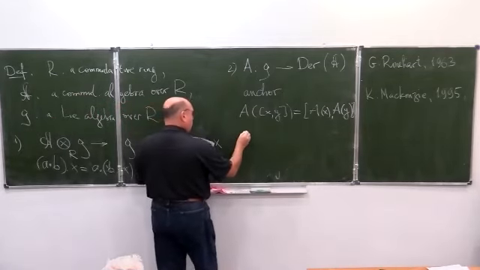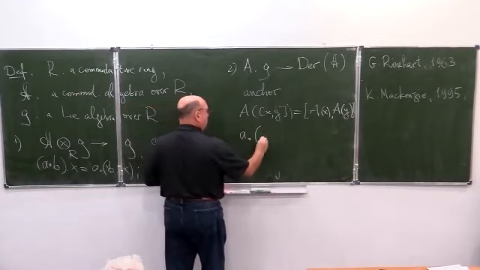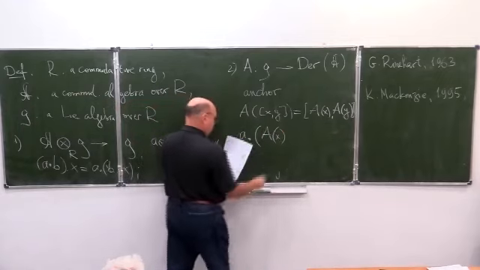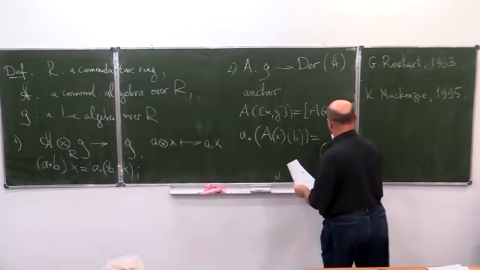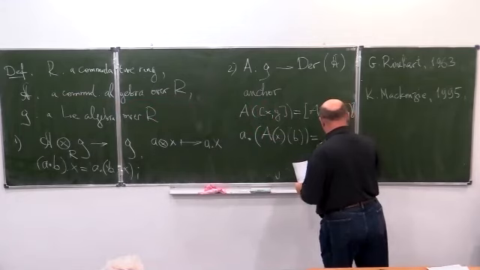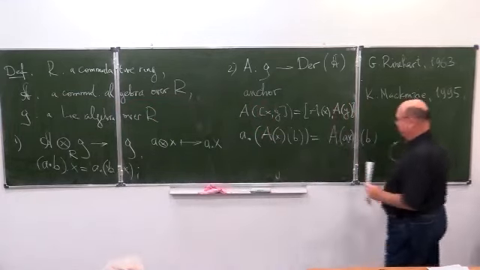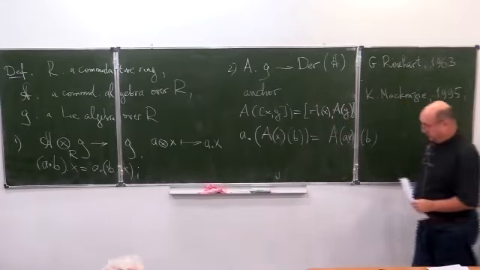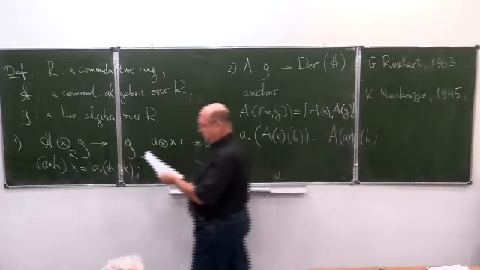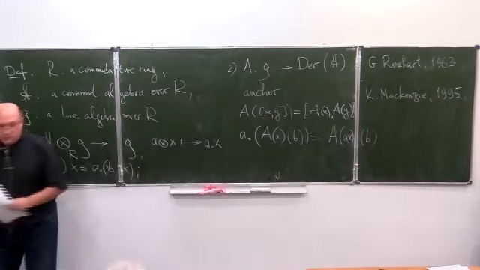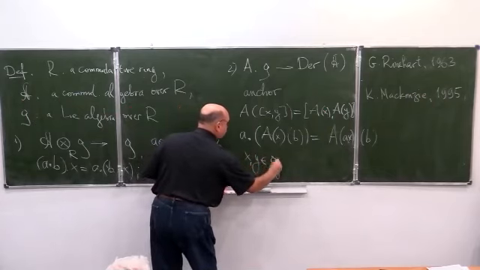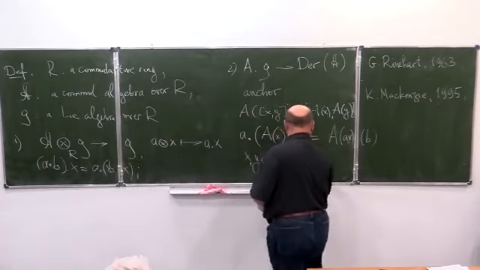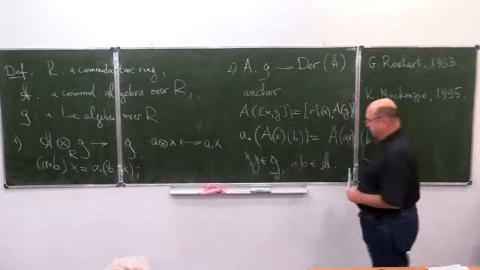So if we act by an element of this form, we obtain the same as when we take the anchor and apply it to B. X, Y are elements of the Lie algebra, and A, B are elements of the commutative algebra A.